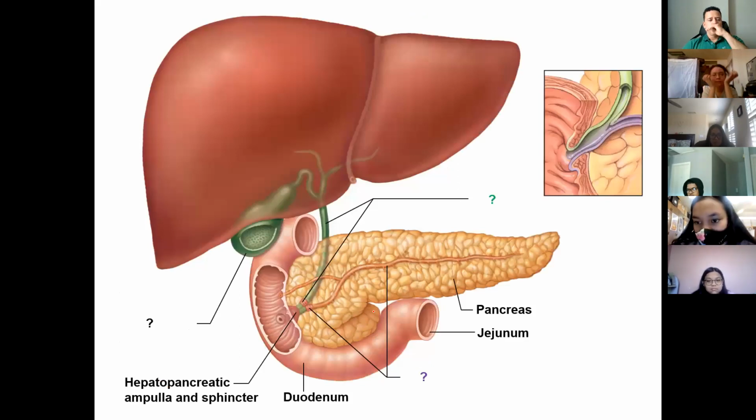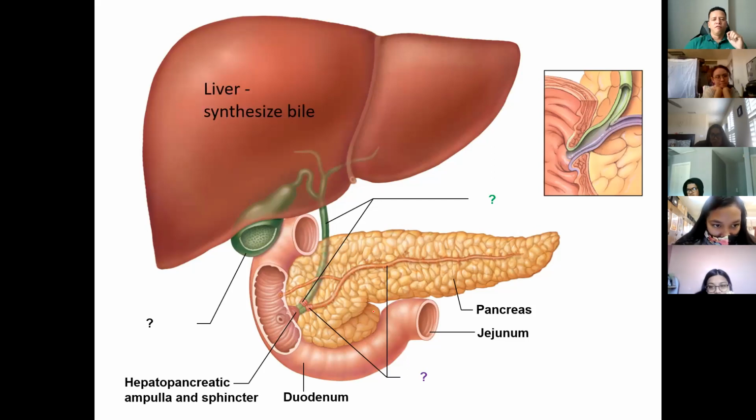Let's take a look here at some important assistant organs of the digestive system. One of them is the big old liver, which is one of the largest organs that we have in our body. The function of the liver in the digestive system is the synthesis of a fluid called bile.